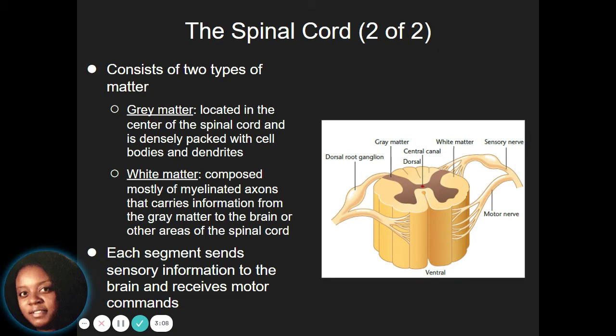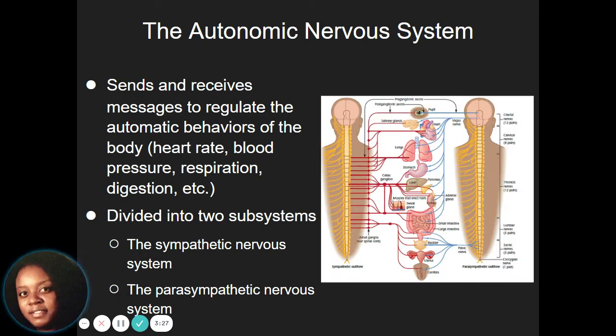Your white matter is composed mostly of myelinated axons that carry the information from the gray matter to other areas of your spinal cord. Each of those segments helps send the sensory information that your brain needs to receive from your senses and your motor commands.